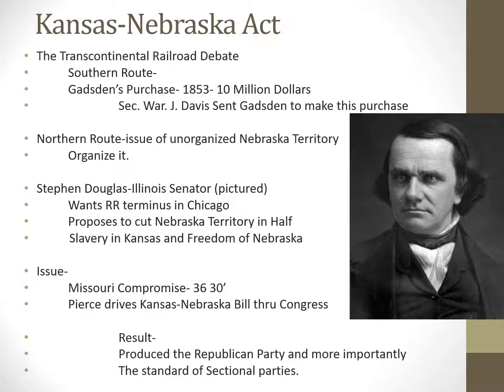So the Kansas-Nebraska Act actually was largely a product of Stephen Douglas, who you see pictured here, an Illinois senator. He was really involved in wranglings over where the Transcontinental Railroad line would go.